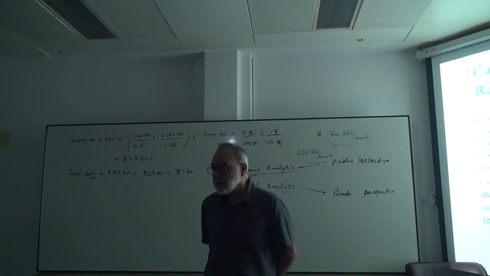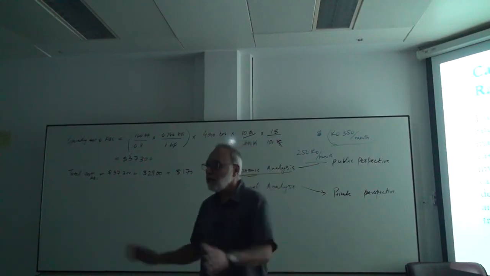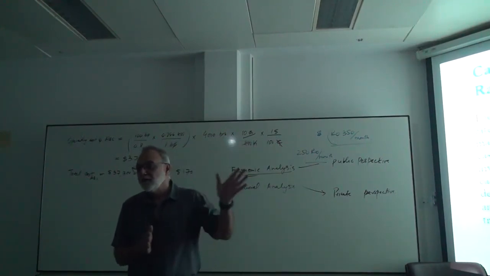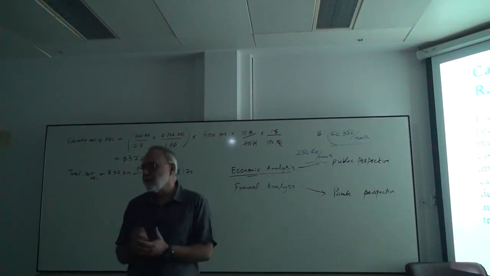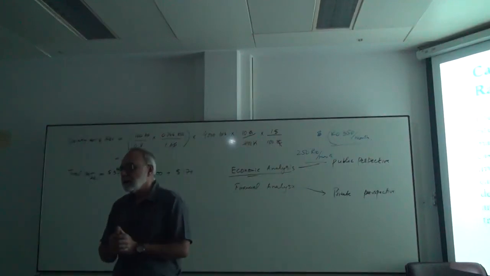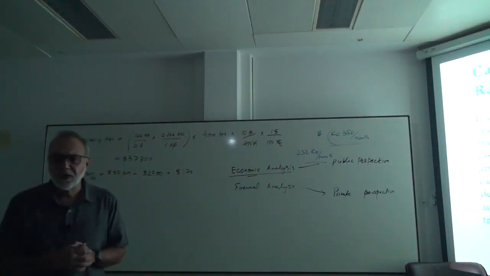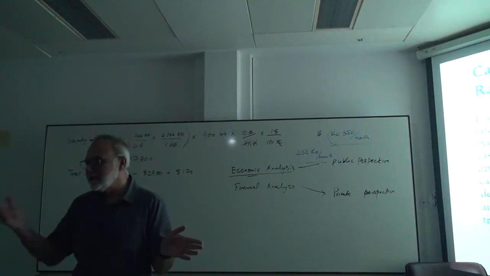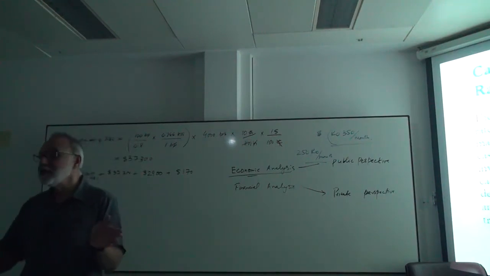For private, the cost of capital is calculated based on certain formulas, which include how the financing was done, from loans, from shares, either from debt financing or equity financing.